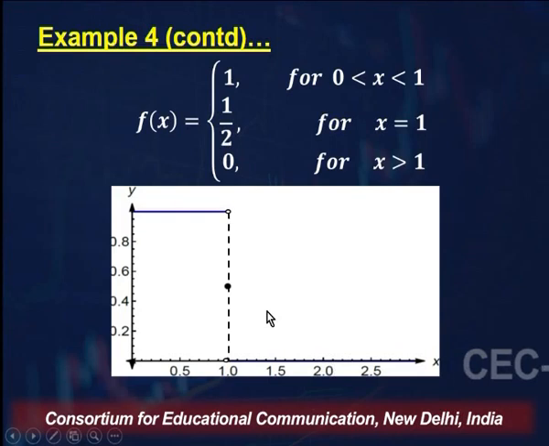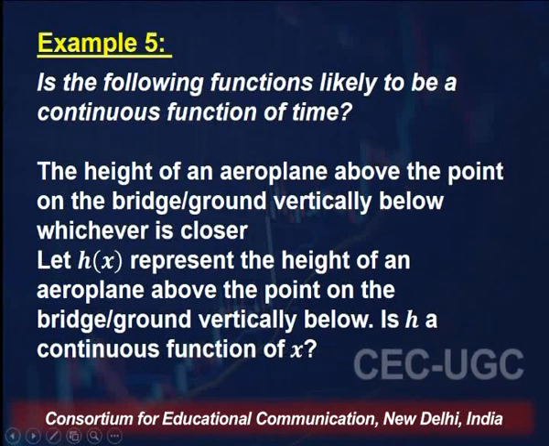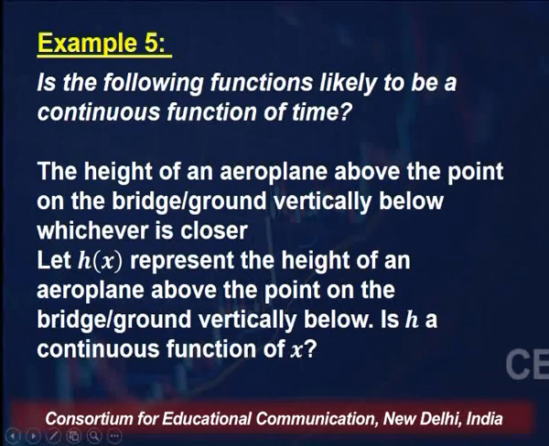Okay, so what I'm going to do is we'll do one last example in the time we have left, and this is again going back to a basic intuitive understanding, but I thought it's an interesting thing to talk about. So here the situation is that you have an aeroplane which is flying over a bridge, right? And the bridge is built on a road.